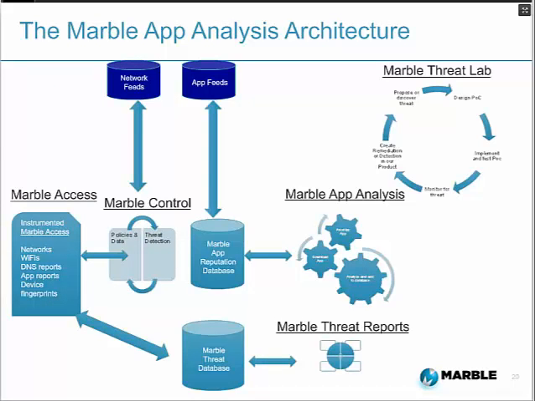So let me talk about the app analysis architecture, and then I'm going to jump into some of the latest threats, some of them new in the last week. Effectively, the way that we analyze apps is we scan all of the app stores, the Apple Store, Google, and other marketplaces. We put them into an analysis engine that does static code analysis, and then we have a rating system that looks at the calls that these apps make, and we do call chain analysis.